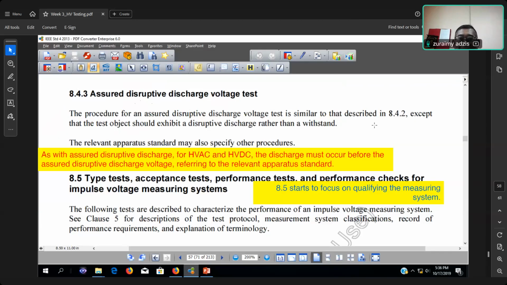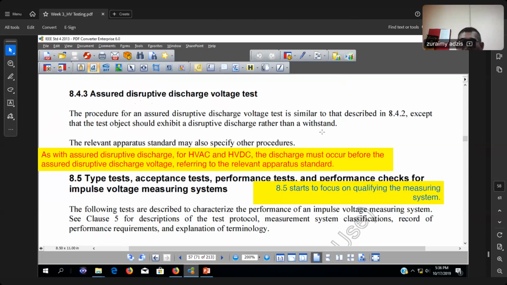The procedure for an assured disruptive discharge voltage test is similar to the one described in 8.4.2. So you think it's economical? No, it is similar, except that the test object should exhibit a disruptive discharge rather than a withstand.